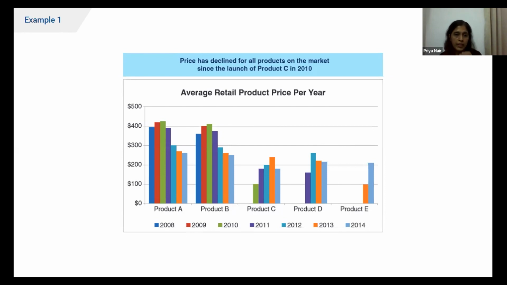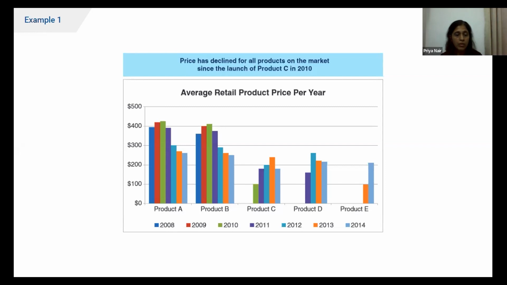So when you look at it, this is the context. Let's say this has to be presented to the VP of product, who would be deciding on the price for the new product which your organization has created, which has to be launched in the market, right? And what is the information that you have?